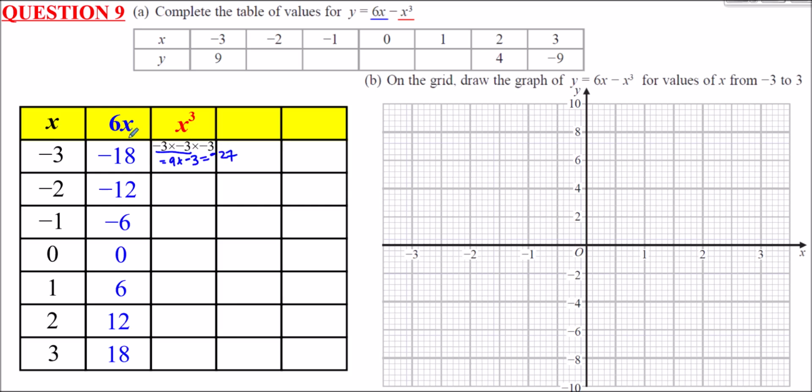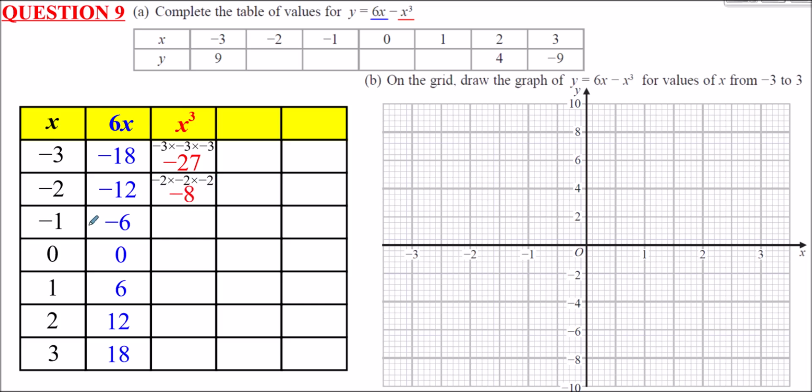So when x is -3, x cubed is actually -27. The next row, when x is -2, x cubed is -2 multiplied by -2 multiplied by -2. Phew. So in the same way as before, -2 multiplied by -2 gives us +4, and then positive 4 multiplied by minus 2 takes us into negatives again and gives us minus 8.